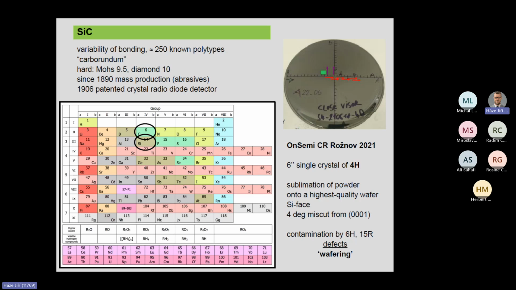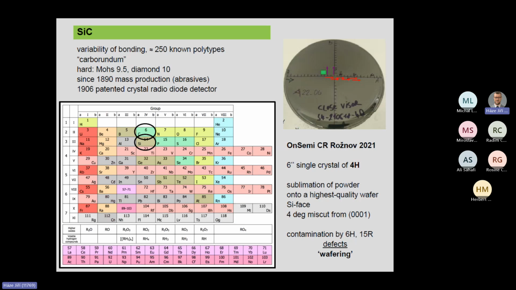These initial crystals were contaminated by 6H, which is unwanted. We usually deal with wafers which are of really high quality. Nowadays, it's mostly 8-inch material.